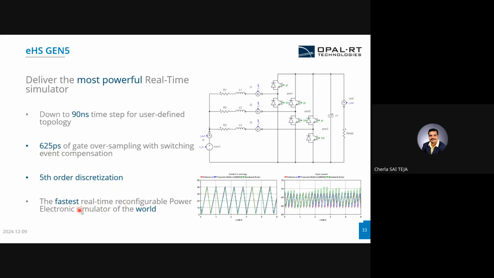This is the fastest real-time reconfigurable power electronic solver available in the world as of now. So in the marketplace, I can tell no other simulator can beat Opolarity in terms of high switching frequency or power converter based applications.